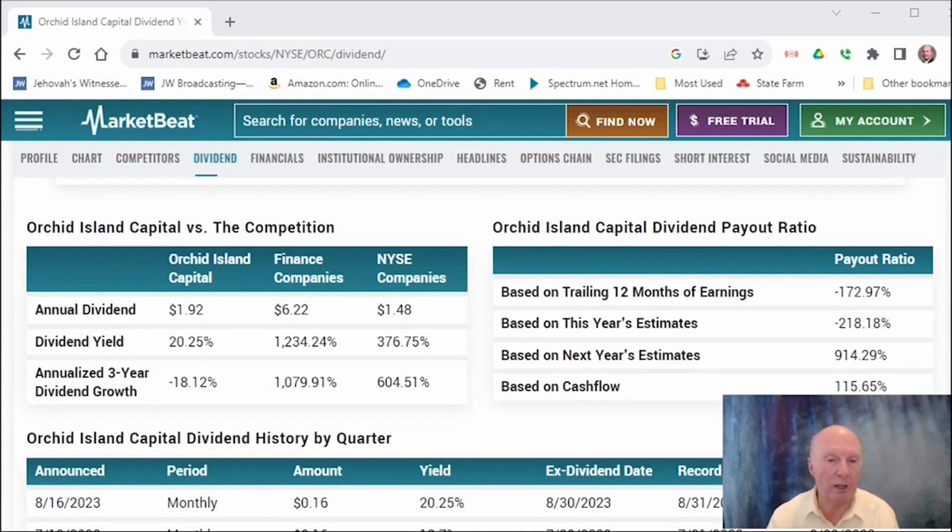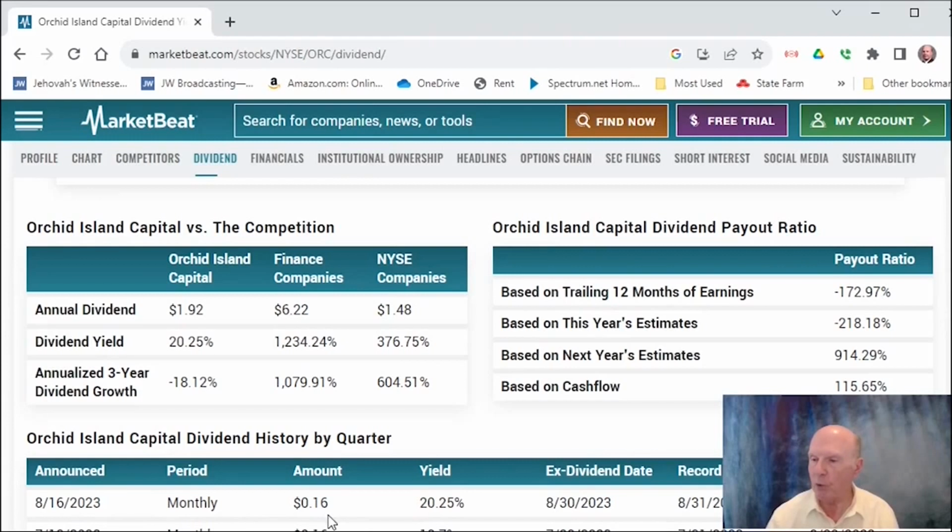So they're close. They say 20.25, my calculator says 20.21. So you can pretty much depend on these numbers. Sometimes I find them to be off a lot more than that, but that's how you determine what the real yield is.